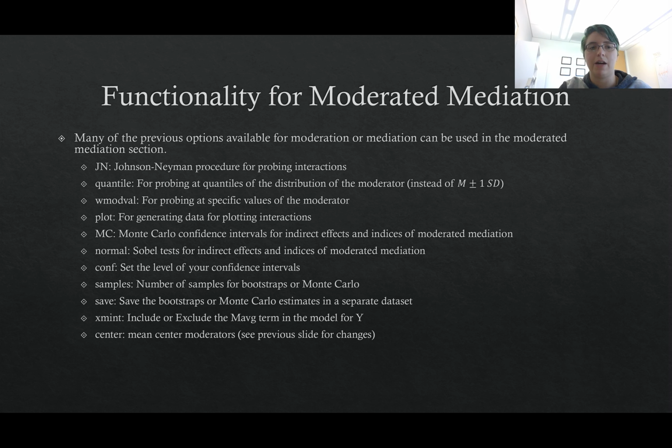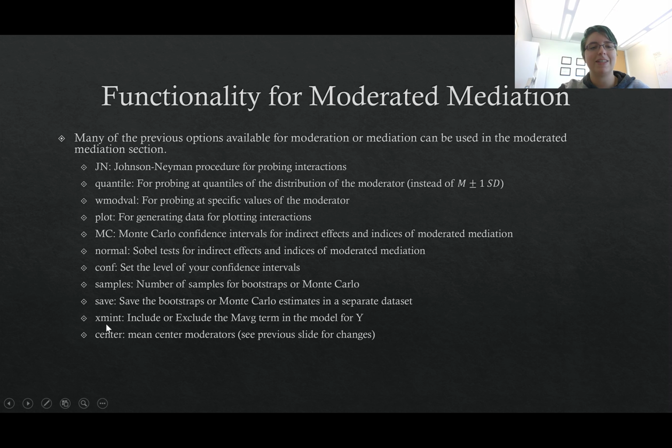The default is 5,000. The save option allows you to save the bootstrap estimates or the Monte Carlo estimates as a separate data set, and this can be very useful if you want to calculate some things that are not calculated in MEMORE, but you still want the results to be consistent with the output of MEMORE. You can in fact save the bootstrap estimates and then calculate those additional things outside of MEMORE.